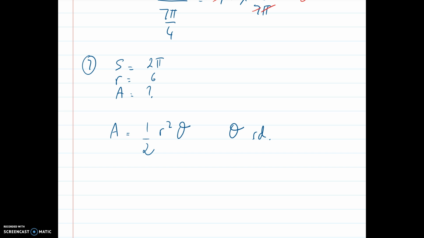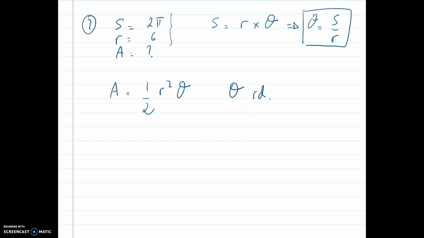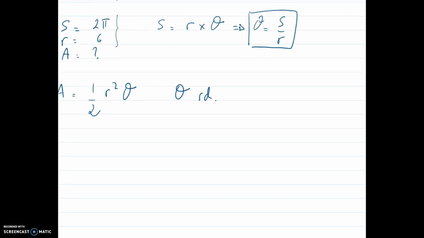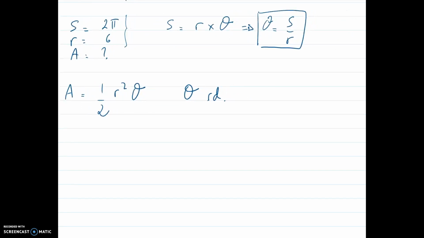So obviously to find the area, you are missing the value of the angle theta. With S and R, you are going to be able to find the value of theta because you know that S equal R multiplied by theta. Therefore, that implies that theta equal S divided by R. Remember, this value of theta is an intermediate calculation, so you must use all the numbers that your calculator will give you if you decide to calculate.